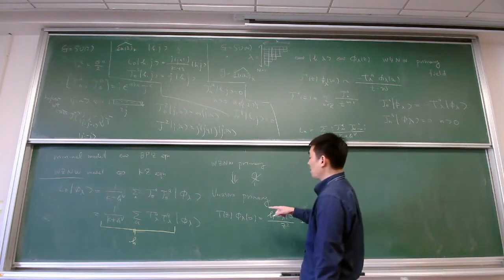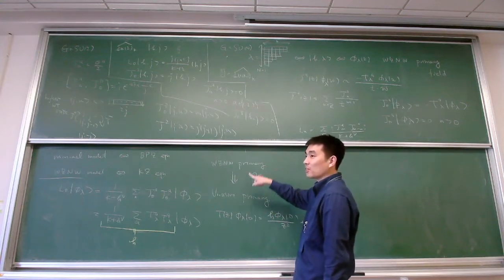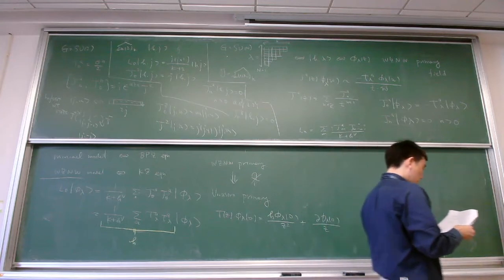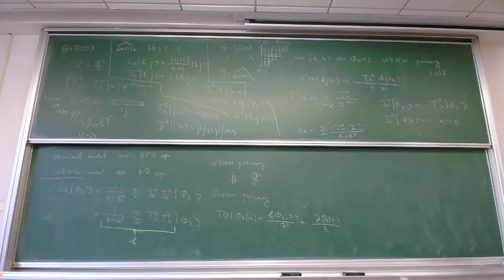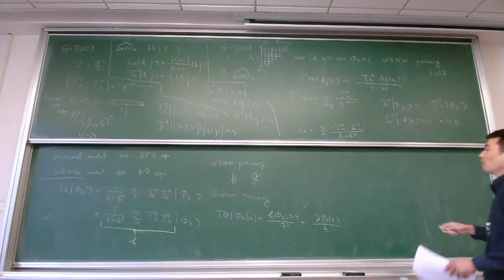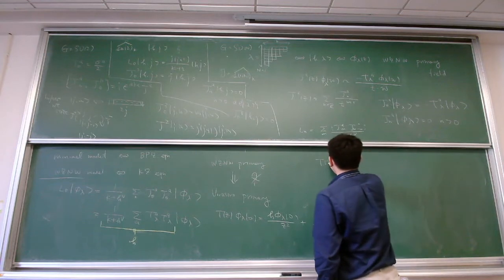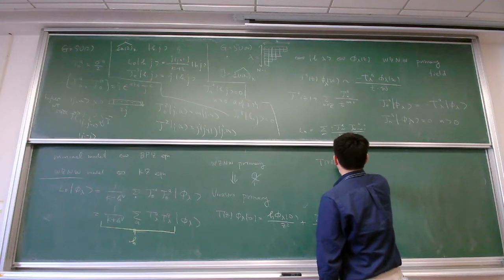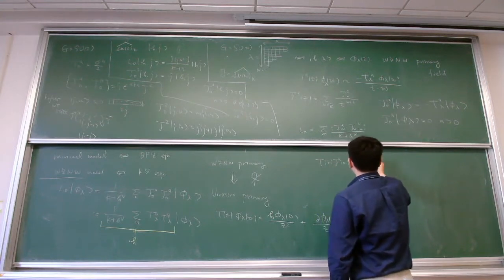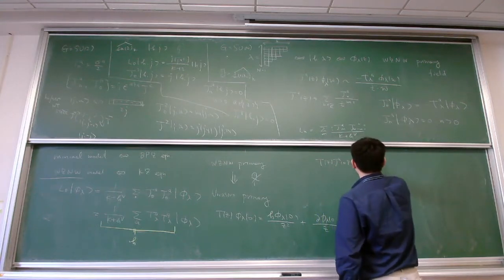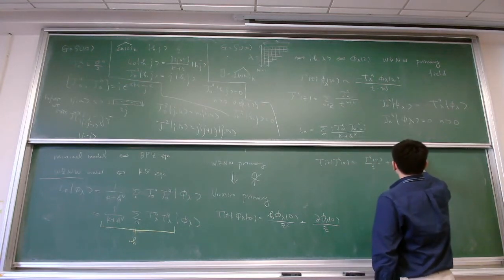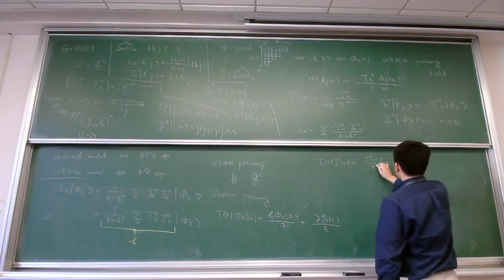For instance, an example which is a Virasoro primary but not a WZNW primary is J^A, the current. We know that T(z) J^A(0) is equal to J^A(0) over z squared plus derivative over z.